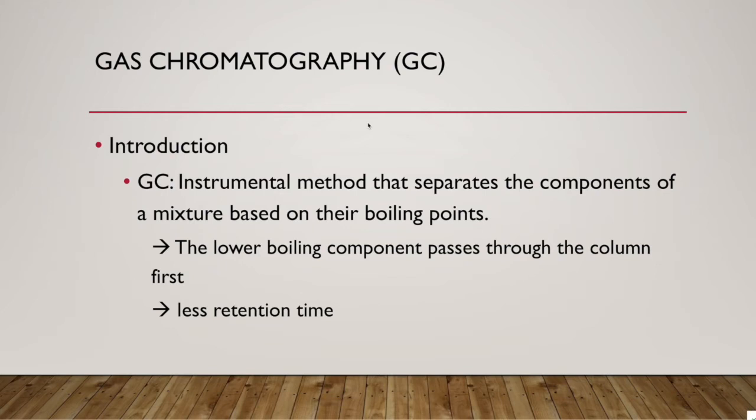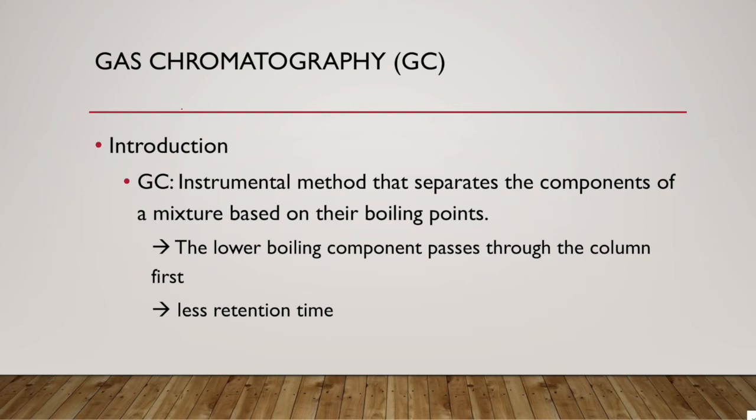Okay, let's talk about gas chromatography. So after completing the distillation, let's say we successfully separated hexane and toluene from the mixture by distillation. Then we have to analyze how well this distillation worked. So we're going to use gas chromatography.